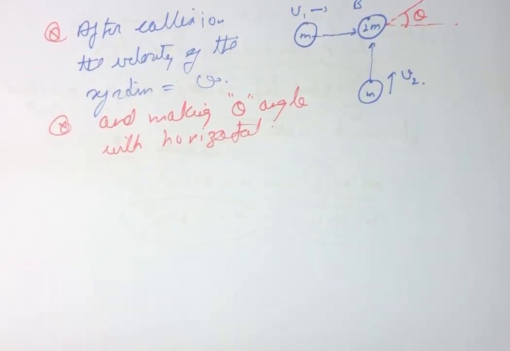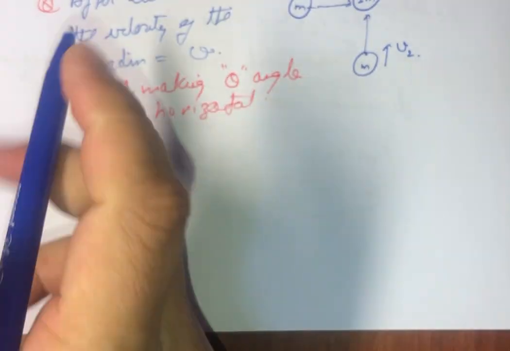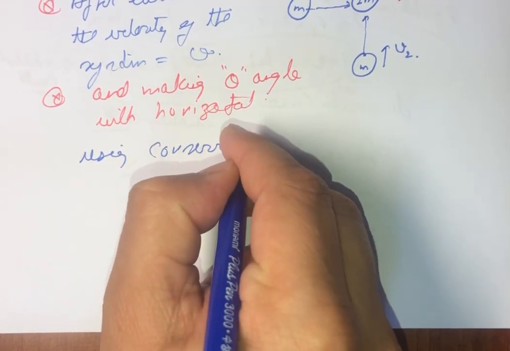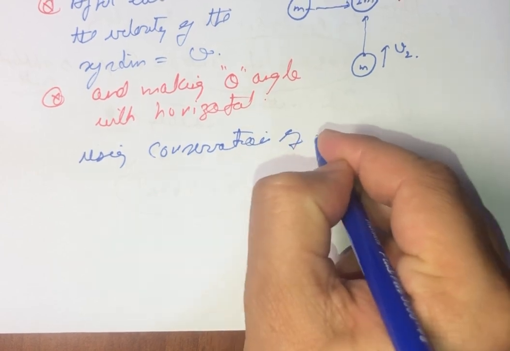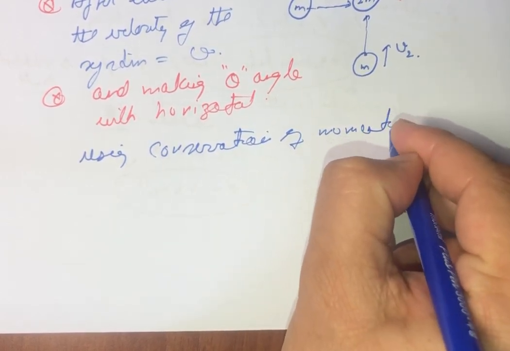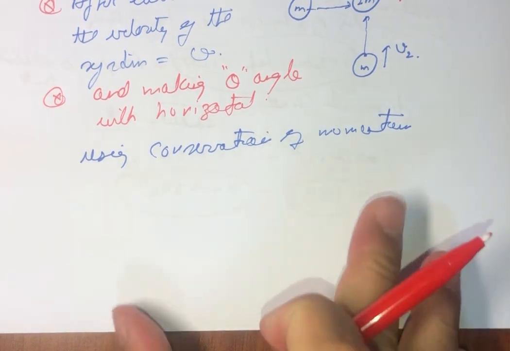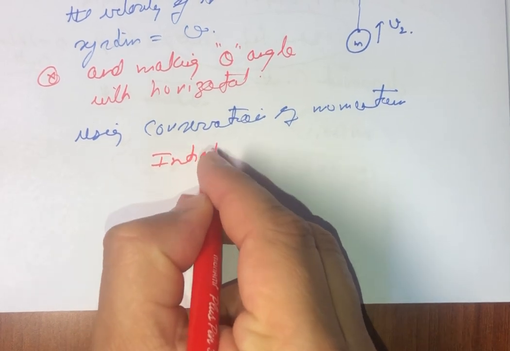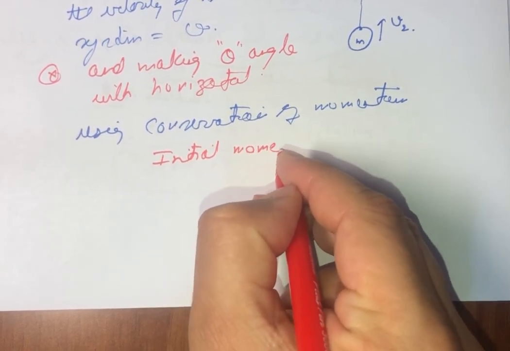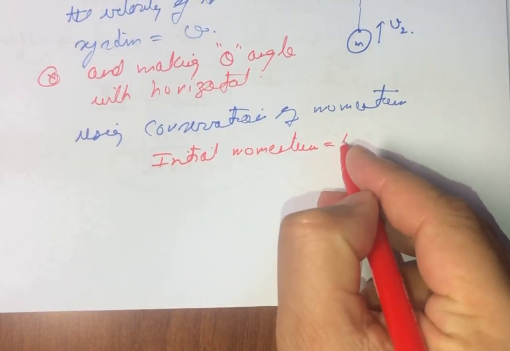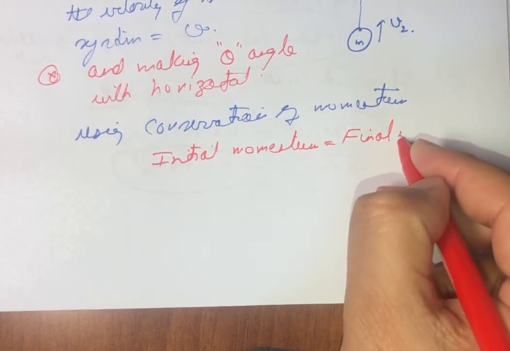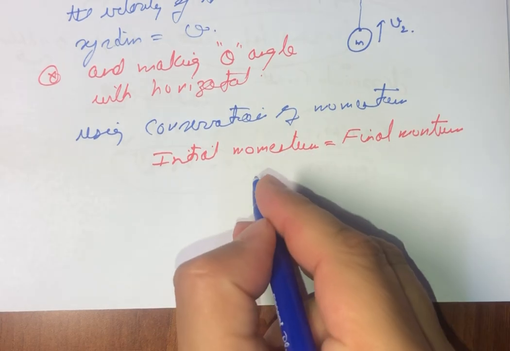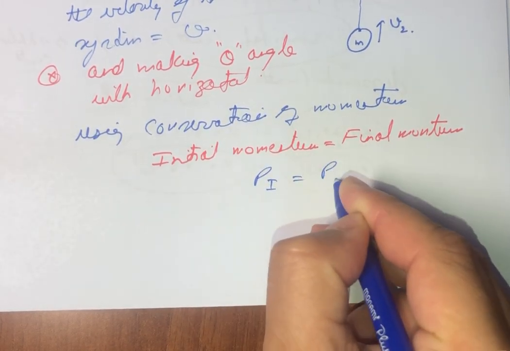So we can say using conservation of momentum, you can say that initial momentum is equal to final momentum, or we can say Pi is equal to Pf.